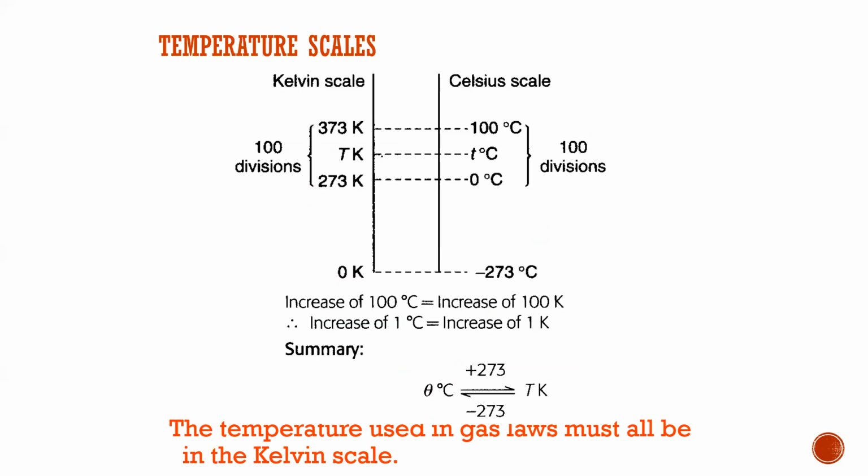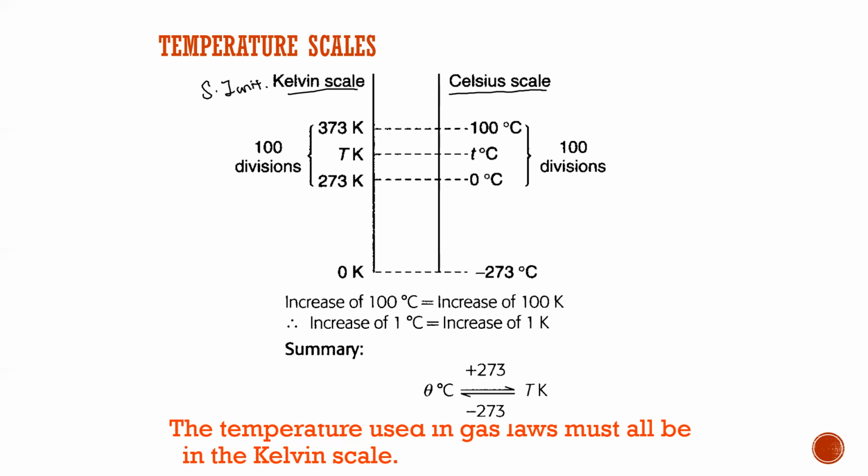Temperature scales are like this. Before this, we always used the Celsius scale, 0 to 100 degrees Celsius. And the Kelvin scale is the standard SI unit.